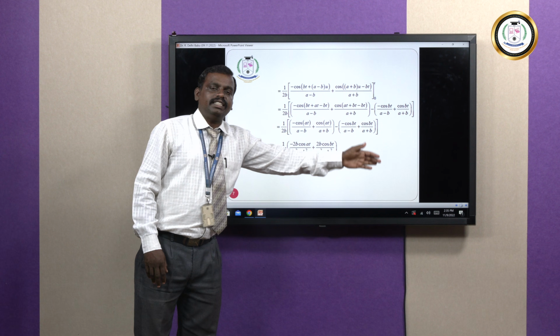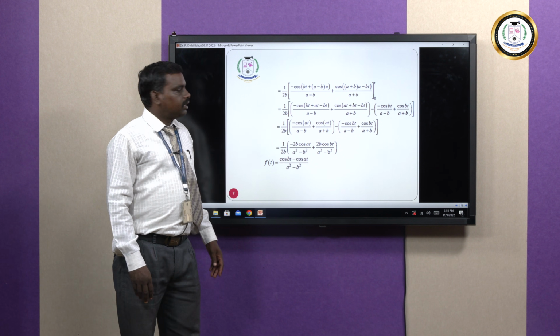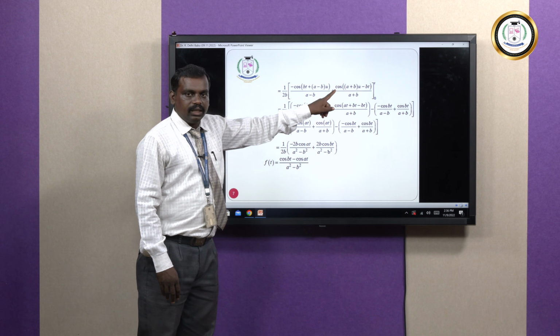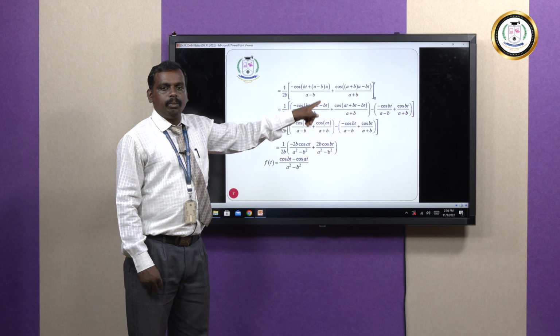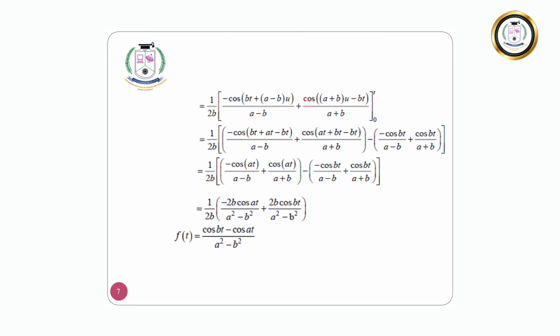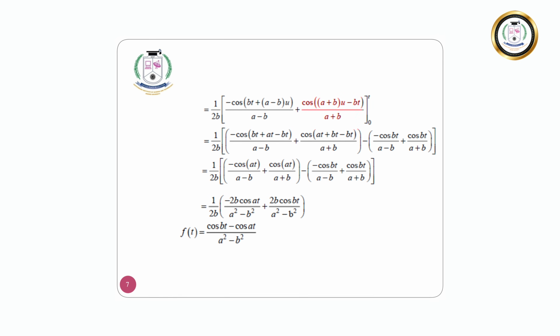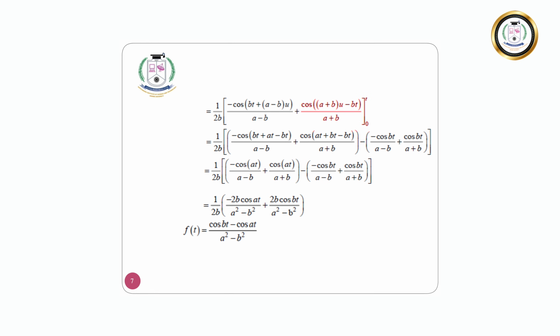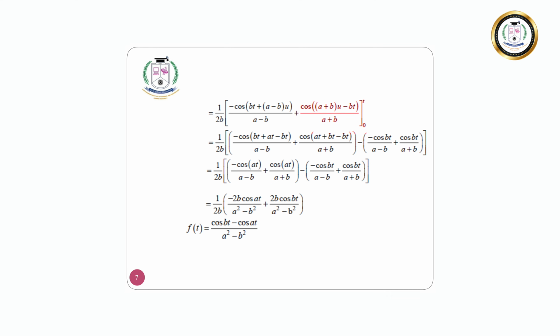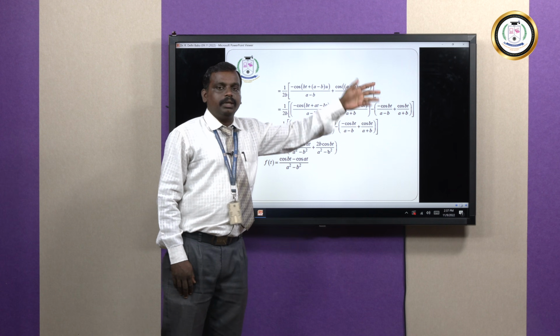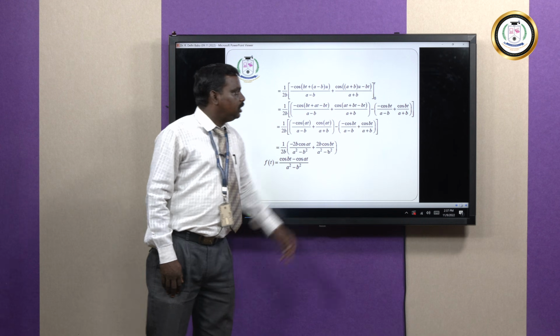Again integrate the next term; sin integration is −cos, and already I have a minus, so minus of minus is plus cos((a+b)u − bt) by, differentiate this and write it in the denominator: a+b is constant, u differentiation is 1 and bt differentiation becomes 0, between the limits 0 to t.